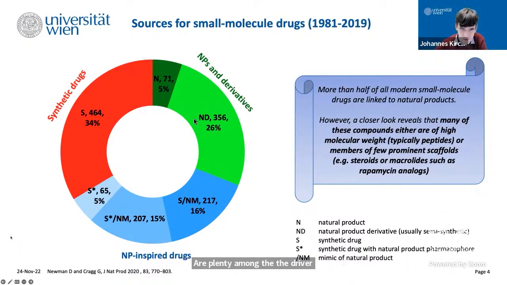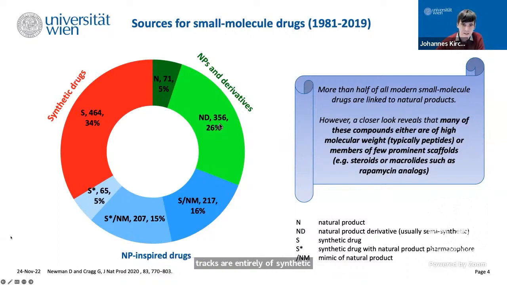Some are derived directly from natural products, so they are basically derivatives thereof. But many of them are also inspired in terms of the pharmacophore or the structural templates. And only 1/3 of drugs are entirely of synthetic origin.